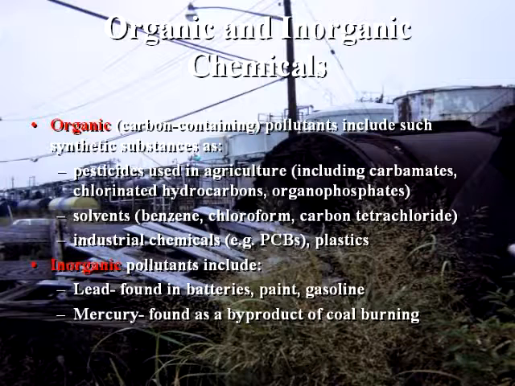Although as they break down, again, they're putting phosphorus and things like that into systems. Other kinds of organic chemicals might include industrial chemicals like PCBs, plastics, gasoline, oil, things like that, whereas inorganic pollutants might include things like lead and mercury.